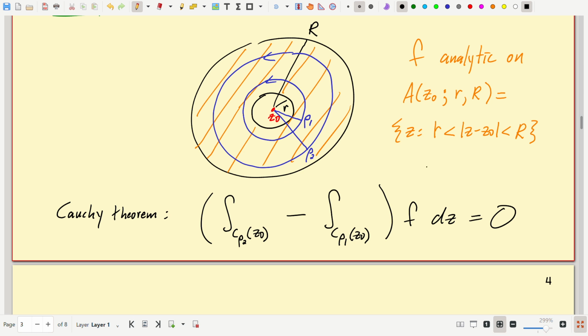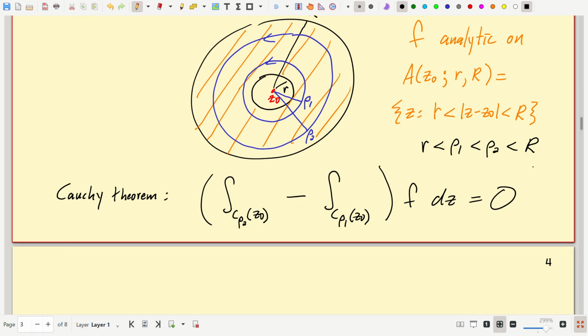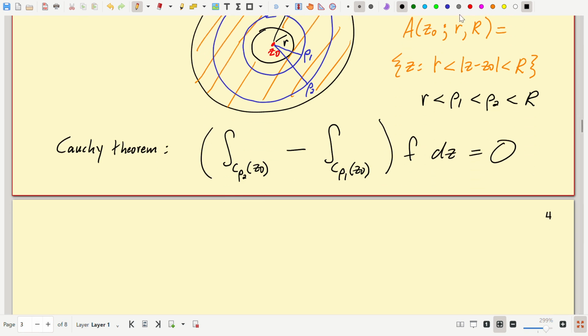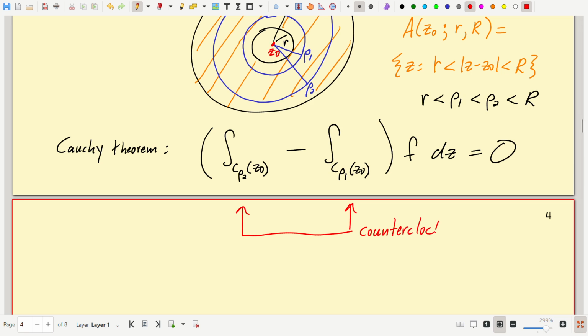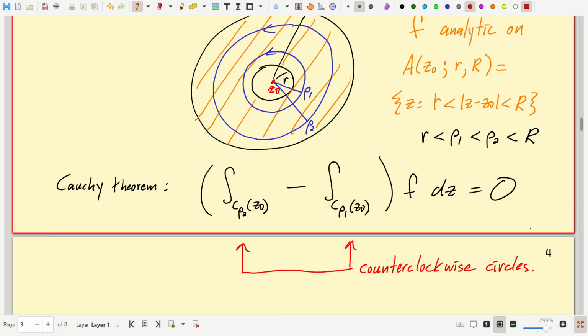Here I'm going to take r less than rho 1 less than rho 2 less than capital R, and these two are counterclockwise circles. I'll explain why that's a Cauchy theorem in a second. Questions about the statement of it?